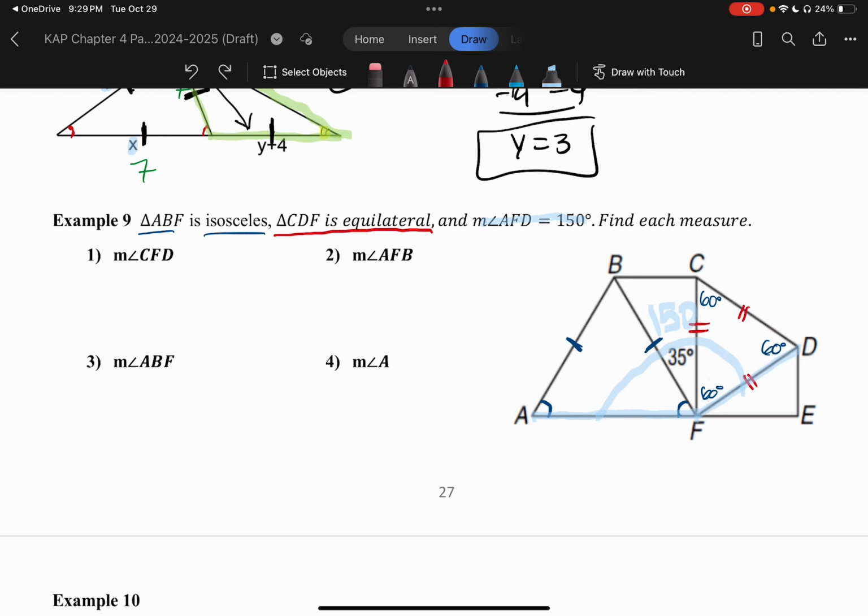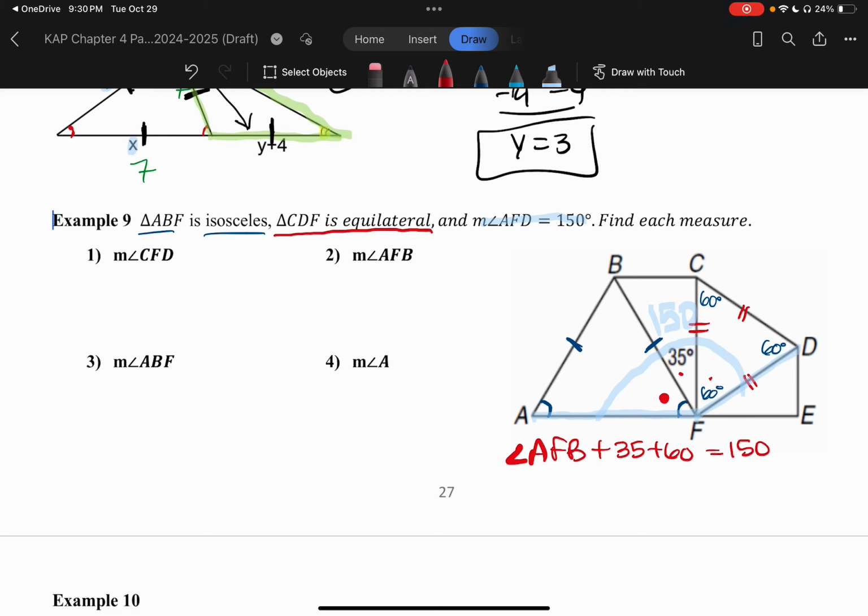So I'm going to go ahead and look at the expression here. This angle right here with the red dot is going to be called angle AFB. So angle AFB plus the 35 degrees, which is this angle, plus the 60 degrees, this angle, has to add up and equal 150 because that is the angle AFD.